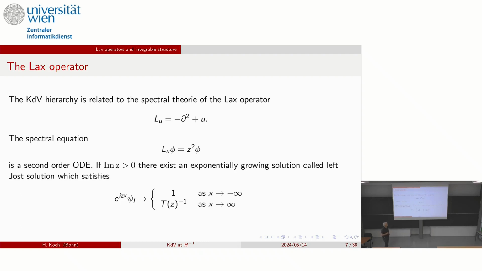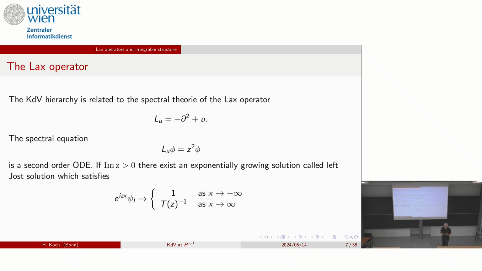At this point it's not needed. The interest is a spectral analysis of this operator. So this is a self-adjoint operator. Look at the equation L phi equal to c squared phi, this spectral equation.